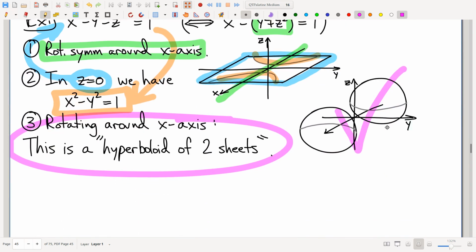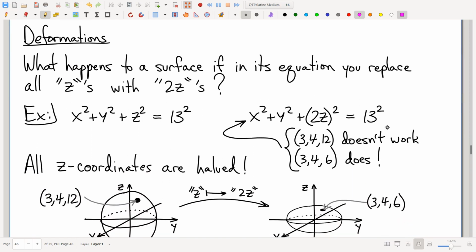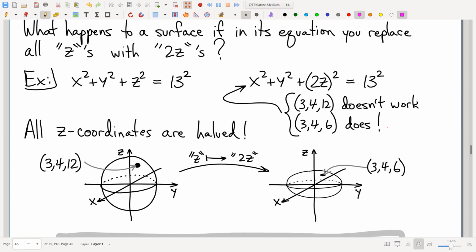Okay, all right, moving along. So here's the next little trick, a tool for your toolbox. This is a little weird. The premise is that I already have an equation for which I know what the set of solutions looks like.